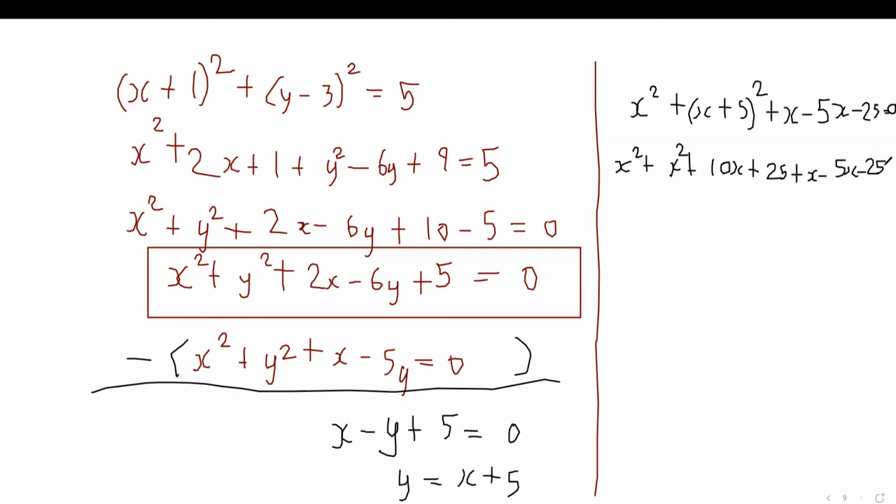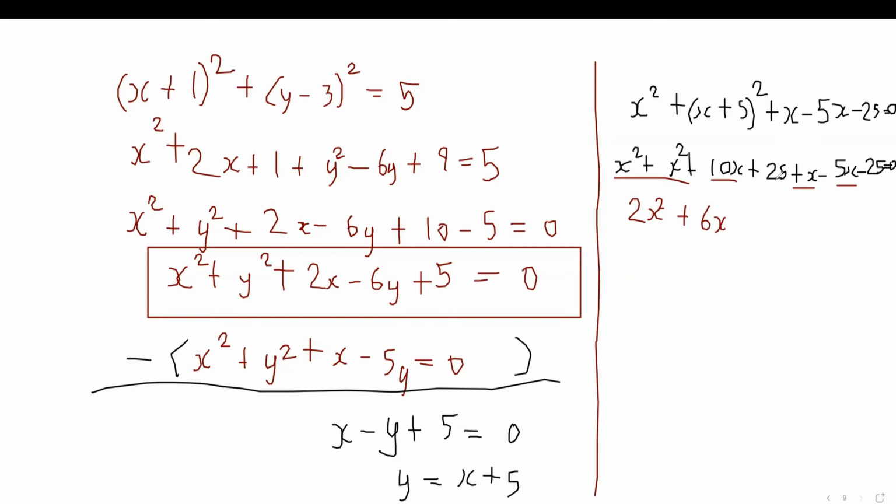All we need to do now is group our like terms. x squared and x squared are 2x squared. Then we group our x terms: 10x, with x, and with minus 5x, that's 11x minus 5x, that's 6x. Just to go through one more time, 11 minus 5 is 6.